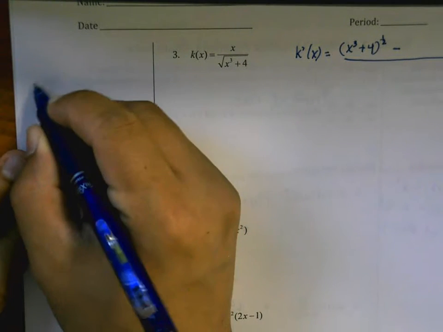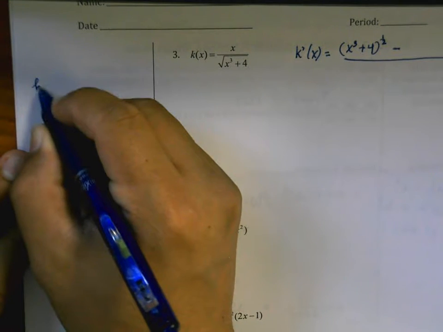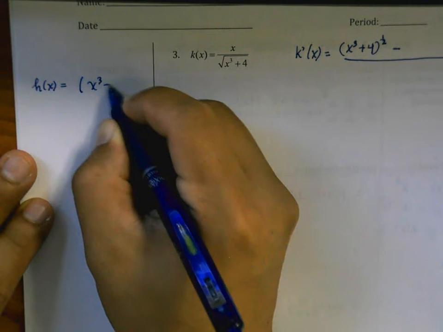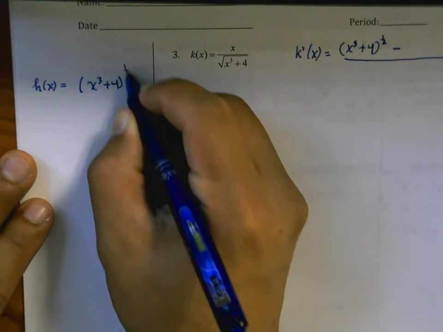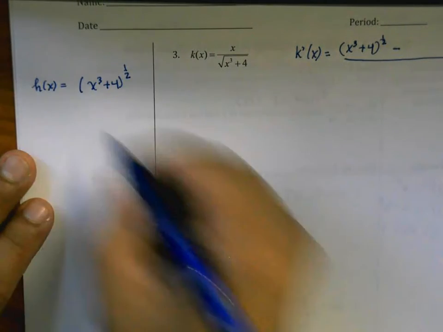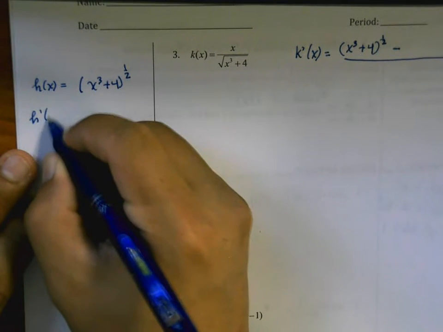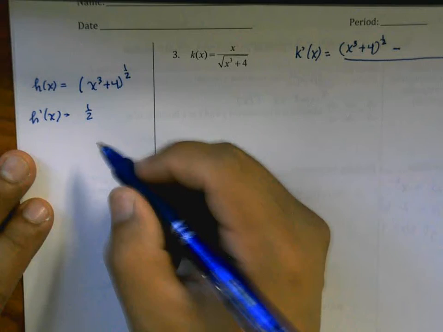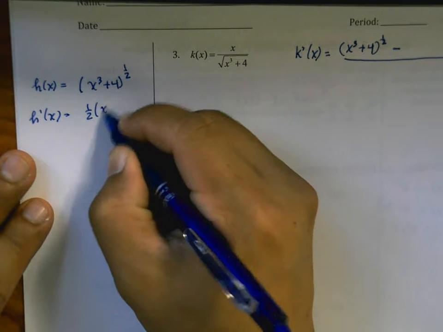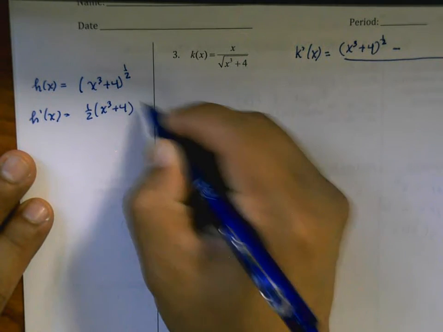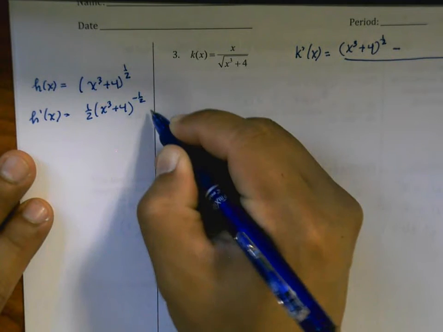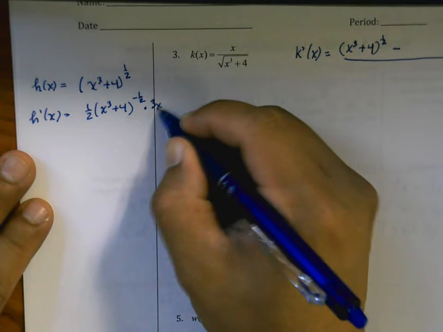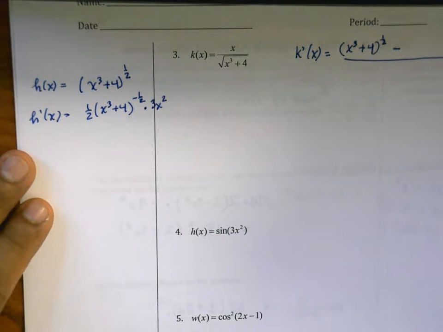So if I have, let's call this other function h of x, equal to (x cubed plus 4) to the 1/2, then its derivative must be 1/2 times the derivative of the outside function, (x cubed plus 4) to the negative 1/2, times the derivative of the inside function, which is just 3x squared.